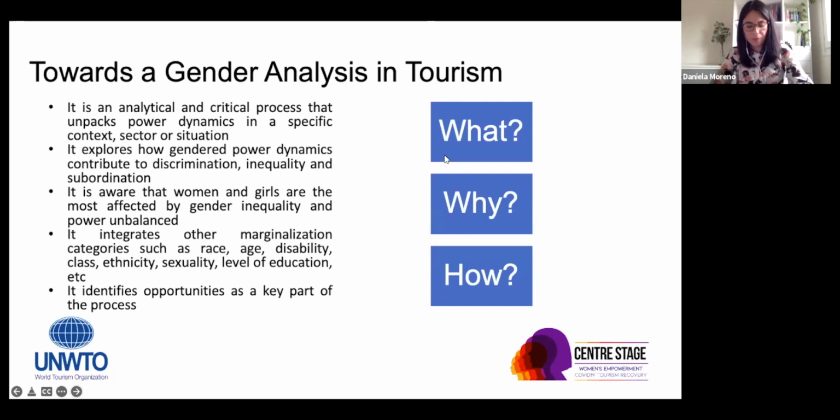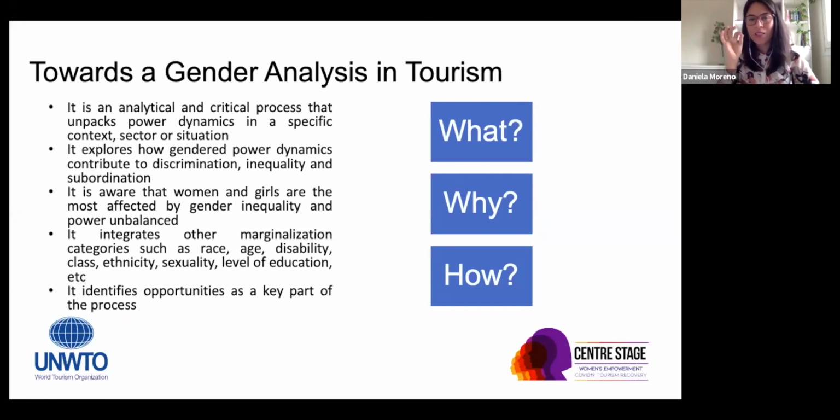So basically, a gender analysis in tourism, first, is about what we find in a particular context. So we are answering the what, but we also want to answer the why. This is like what is behind this, what is happening, right?